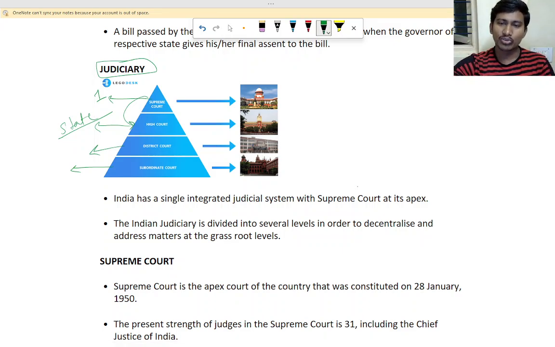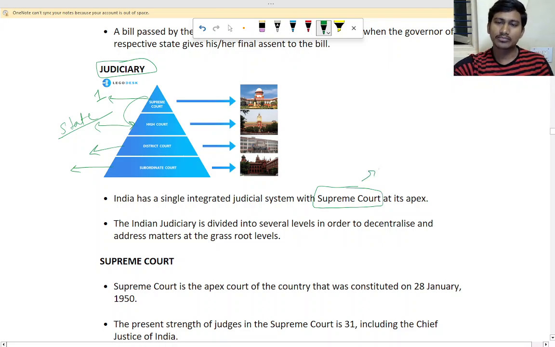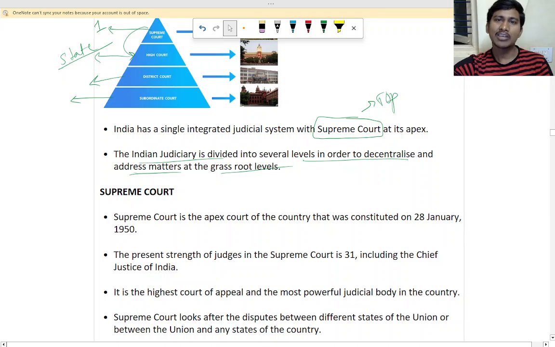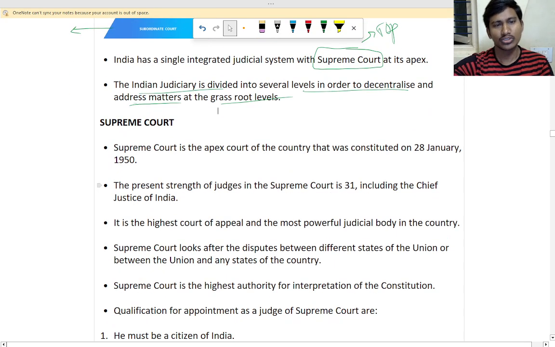The judiciary system is divided into several levels in order to decentralize and address matters at the grassroots level. Every district, every taluk will have a court, so that everyone can approach the court and get justice. So let us see about the Supreme Court.